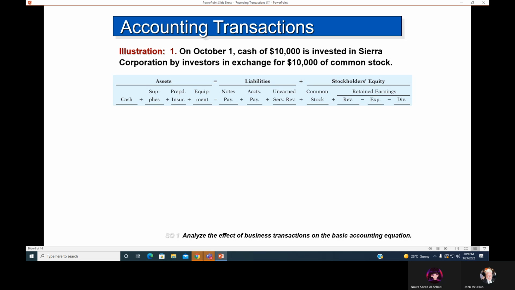Up. Okay. So if I record transaction one, I record a $10,000 increase in cash, and a $10,000 increase in common stock. Is that correct? Am I in balance? Does this equation balance?